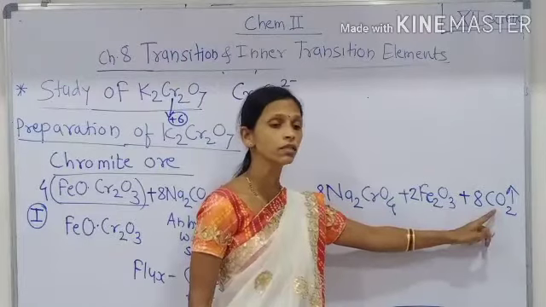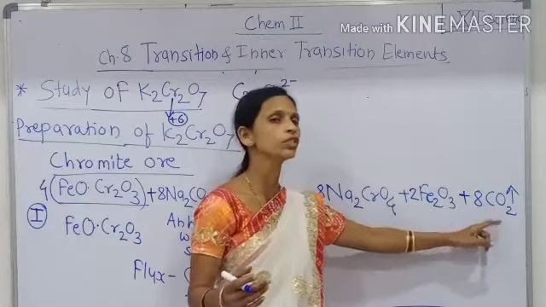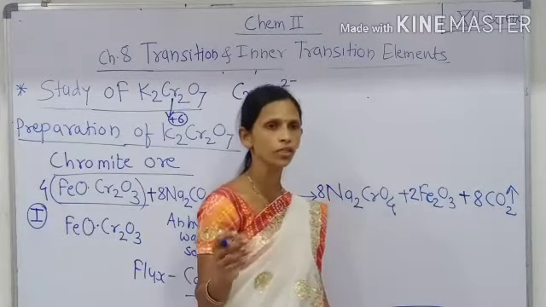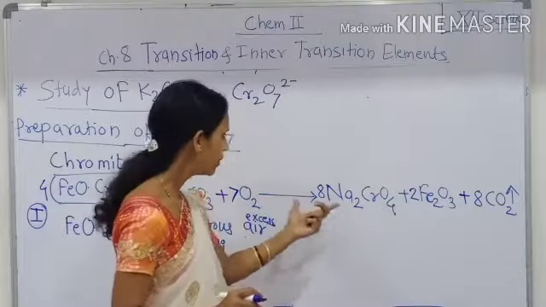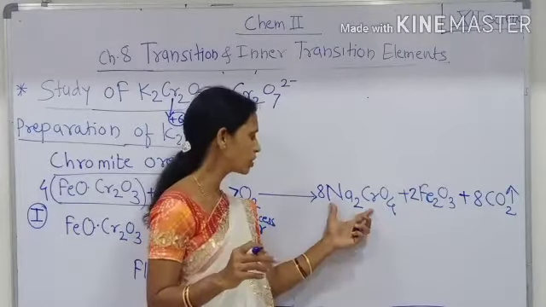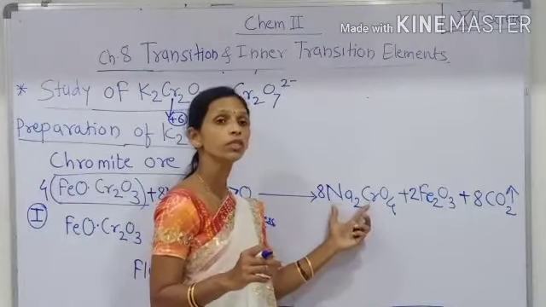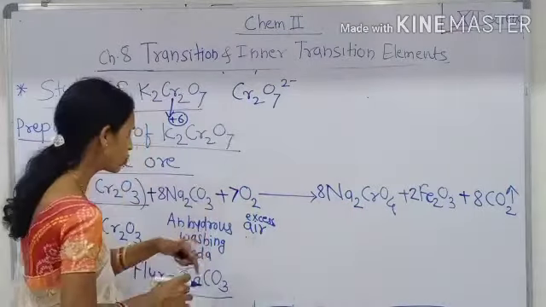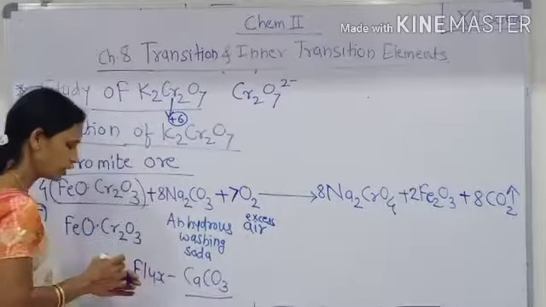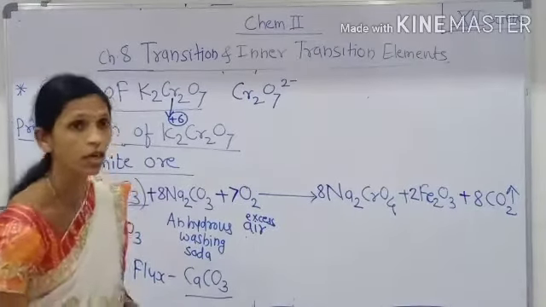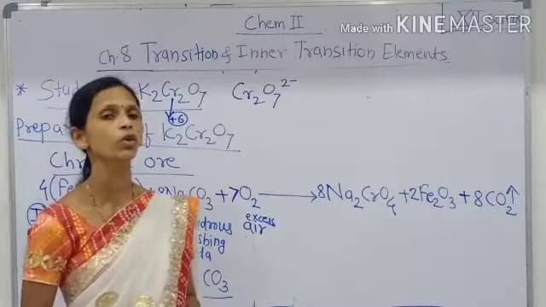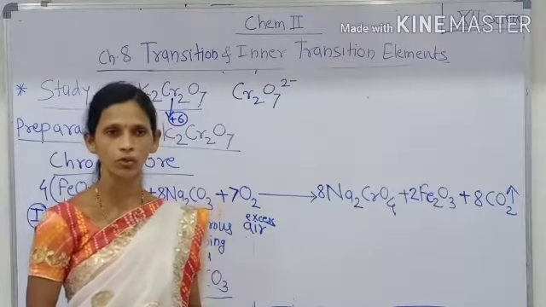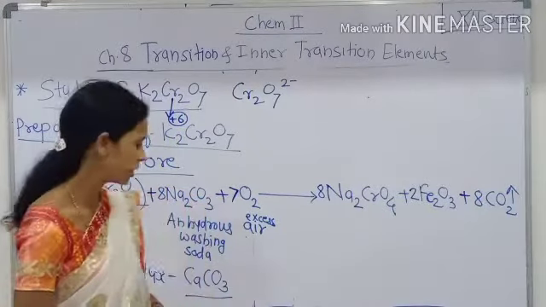CO2 is a waste gas which is removed through the exhaust. The remaining material containing sodium chromate is extracted with water, and it is then treated with concentrated H2SO4 in the second stage.